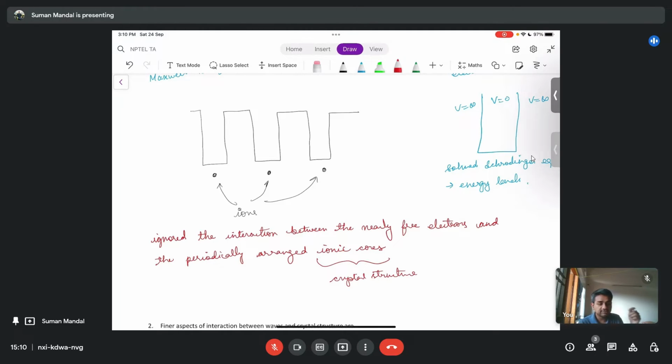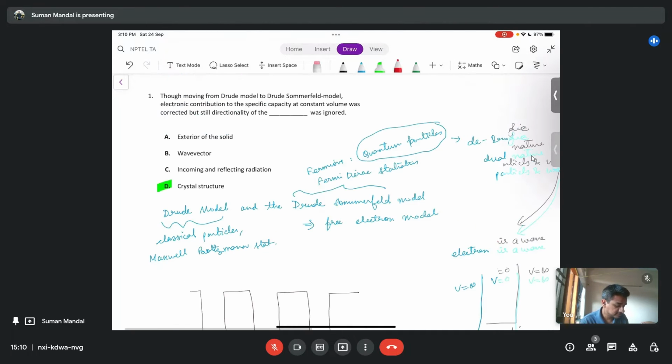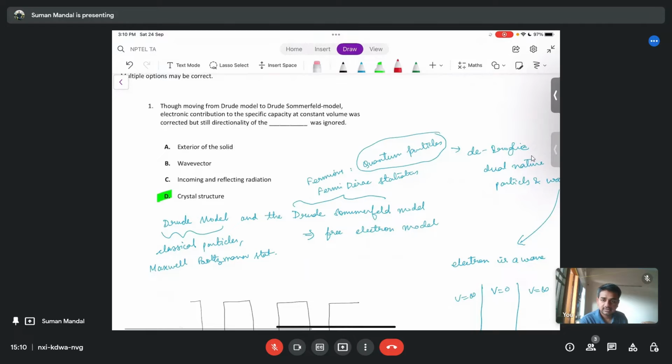This is something that we have not yet discussed, and we will be doing it in the upcoming classes. So the answer is we have still not studied the interaction of the wave nature of the electrons with the periodic ionic potentials, which is basically the crystal structure. The answer is option D.